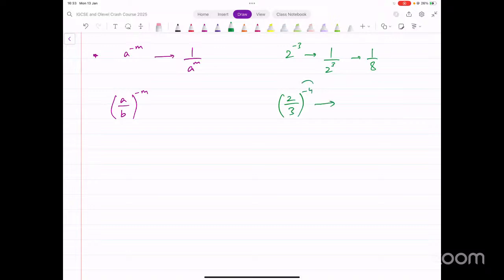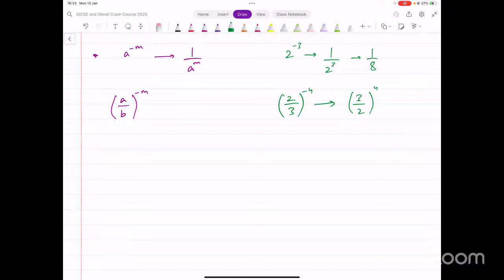If you want to make this power positive, you can write it as a negative power. You can also write it as a positive power. How would you do that? You can take 3 to the numerator. You can take 2 to the denominator. You can switch these numbers, right? And then what does that become? That becomes 3 over 2. The sign of the power is going to change in this case, and that becomes power 4.